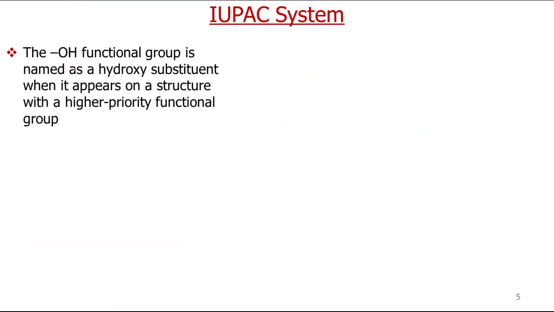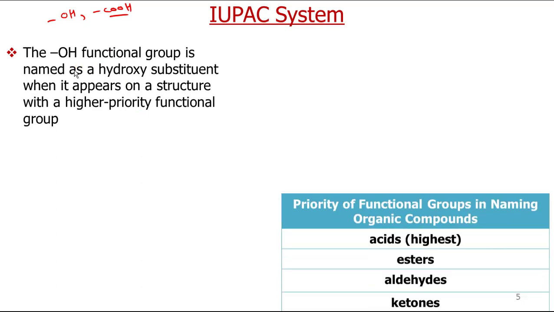Sometimes we have more than one functional group in the same compound. Like we can have an OH group, and in addition to this, we can have a COOH group also. In that case, we assign priorities. So how to assign priorities?